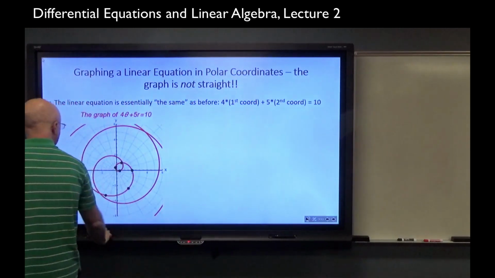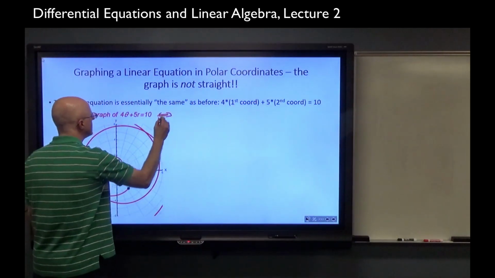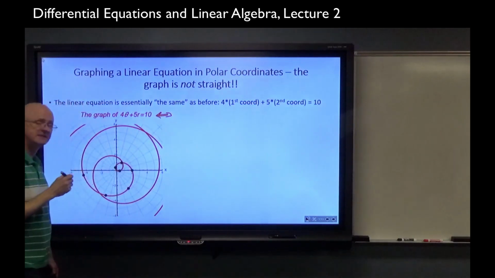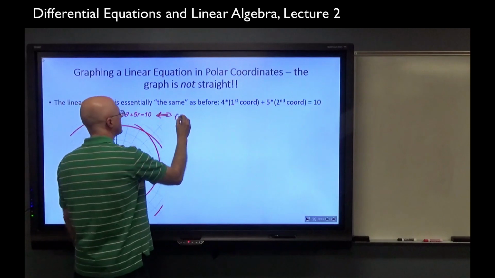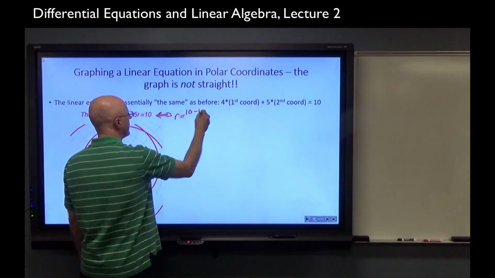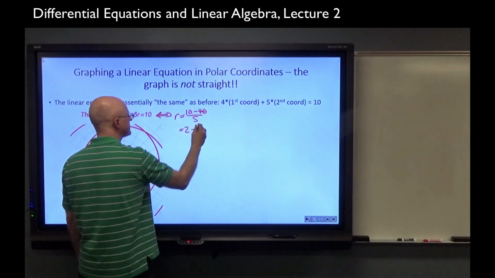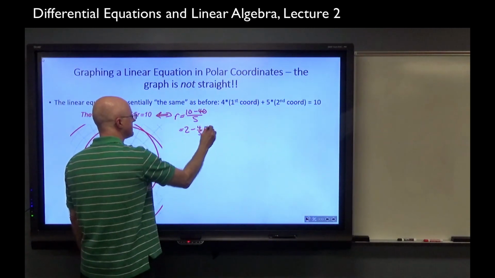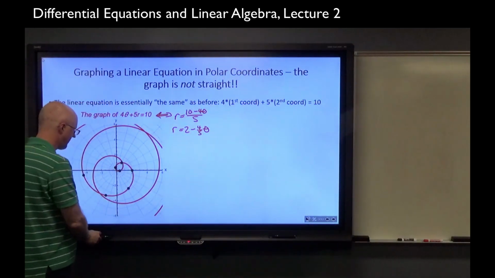Okay, well, let's talk about this to end the lecture here. This equation could be solved for r as a function of theta. R, in fact, would be (10 minus 4 theta) over 5. That seems familiar. That's 2 minus 4/5 theta. Before we did y equals 2 minus 4/5 x.